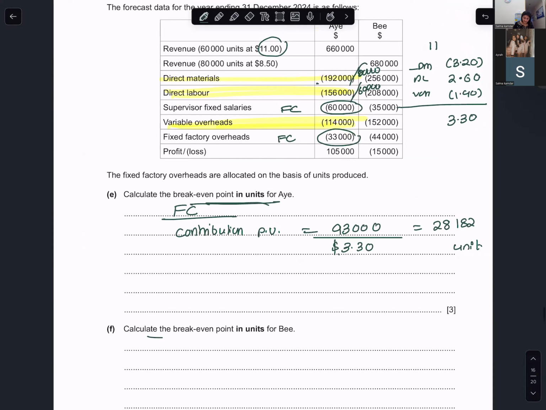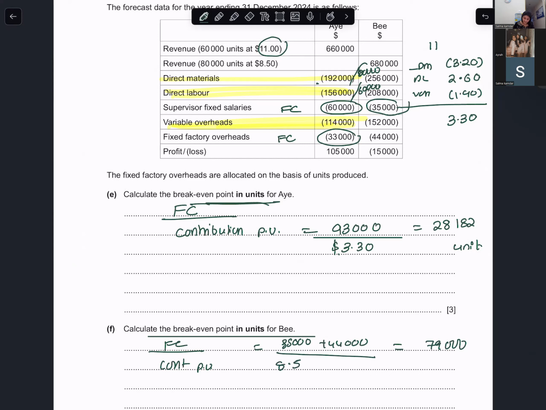Now for B. Same thing. Fixed cost divided by contribution per unit. What is the fixed cost for B? 35,000 plus 44,000, so 79,000. Which is the variable cost? 8.5 minus, what is direct material? 3.2.